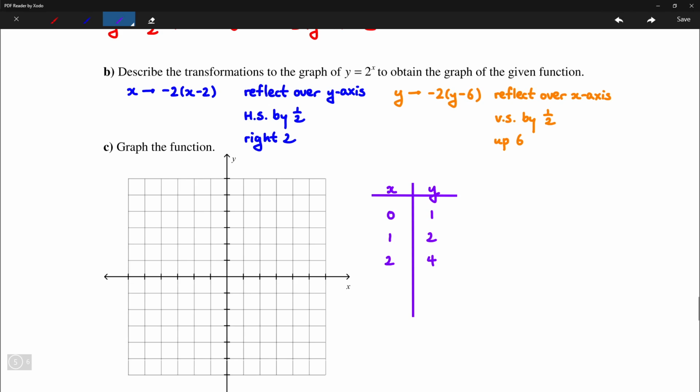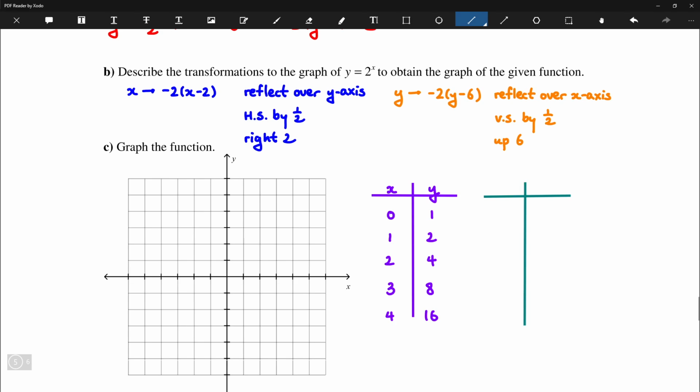Sorry. 2 cubed is 8. Sorry about that. And 2 to the 4th power is 16. And then we are looking at some transformed values. So make a second table of values to the right. Just like that.